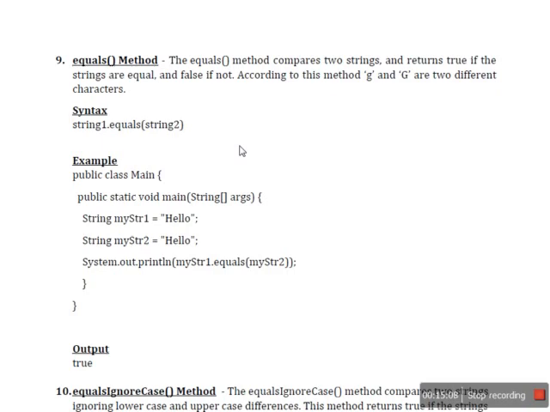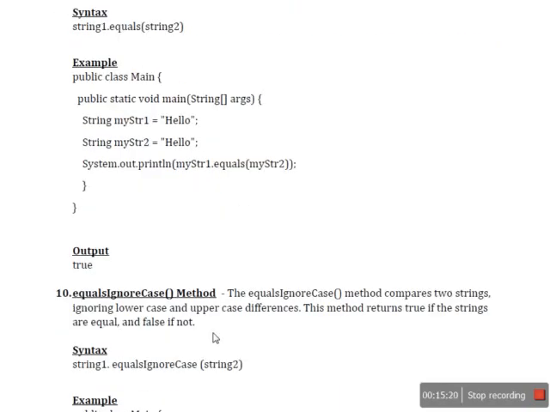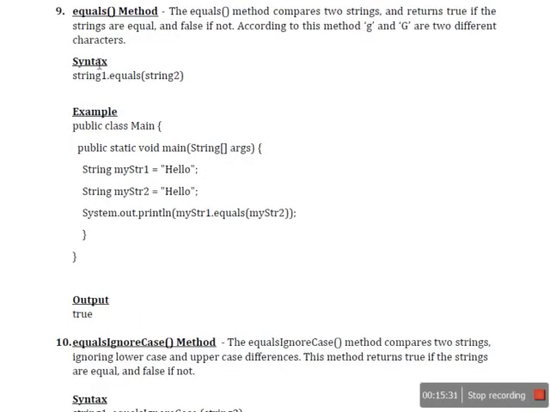And one thing to note is that in this method, small case g and uppercase G are two different characters. Now before the example, see how the syntax will be written: string 1 dot equals string 2. So this is the syntax.